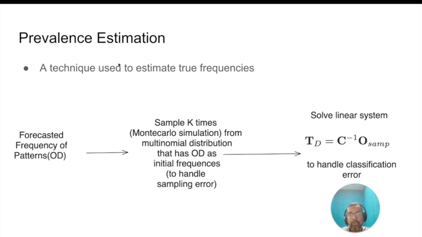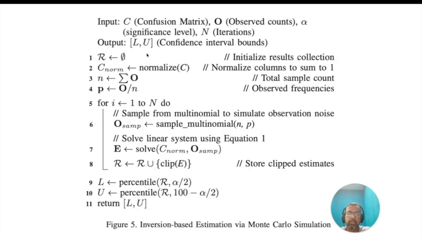Now this is only one sample. To understand the variation, we resample the multinomial distribution 20,000 times, and from that we can get a distribution for the true frequency. So this is the algorithm. This is in the paper. You can look at that.